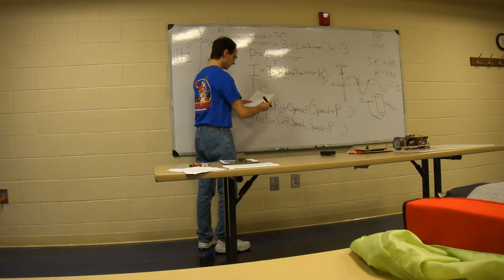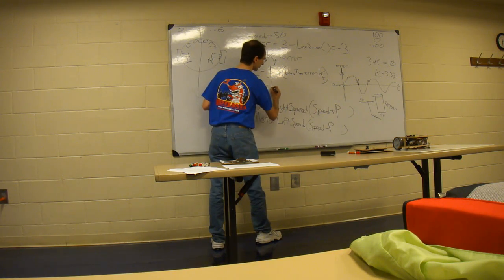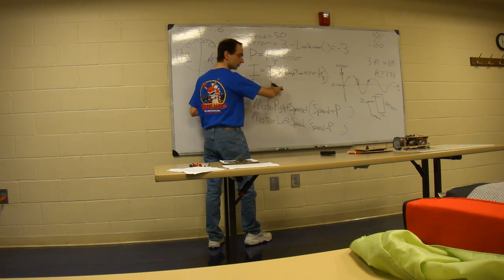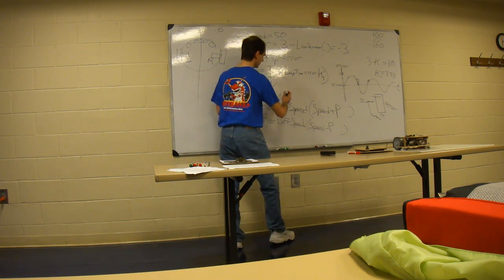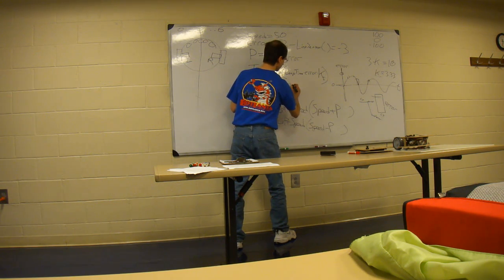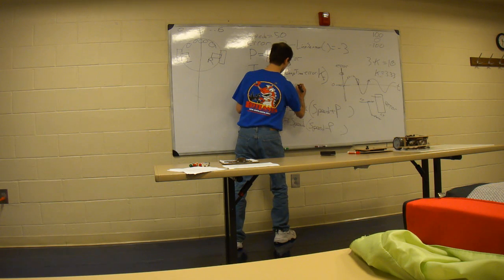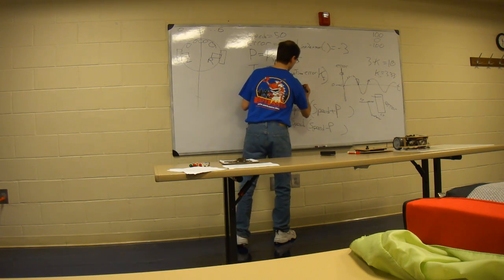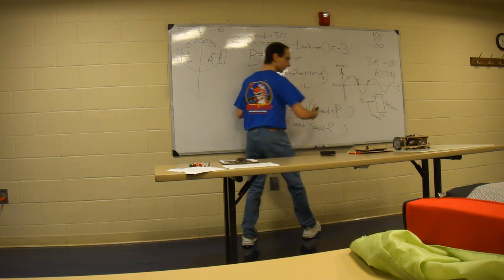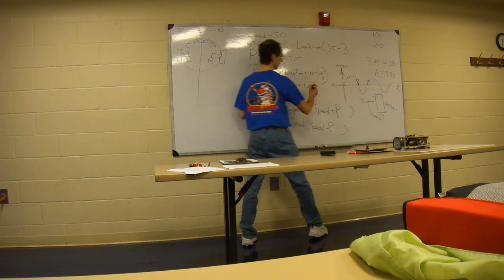So all we need to do is, we're going to start out again with a KD. We're having another adjuster here, so we can adjust how much D term we use. And then we're just going to have the error minus the last error, the error from the previous loop.